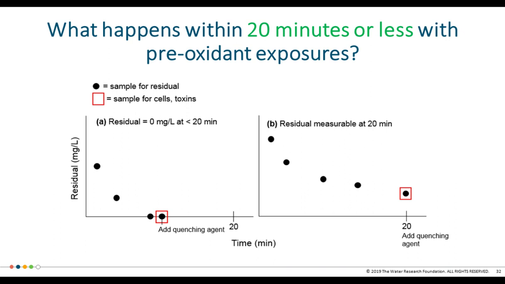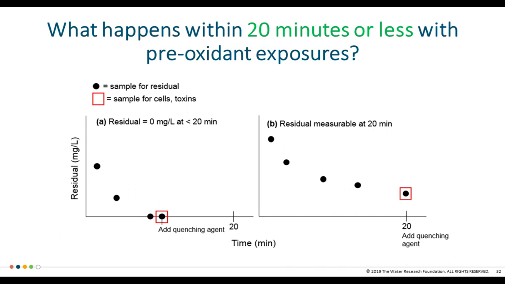So how did the oxidation work? For each of the ratios that we decided to do, as I said, the contact time was 20 minutes. As you can see on these graphs, we applied the oxidant dose. We did the residual curve, so we have the decay curve for the oxidant, and we took the sample at 20 minutes. In some cases, we wouldn't have a residual at 20 minutes; in some cases, we would.